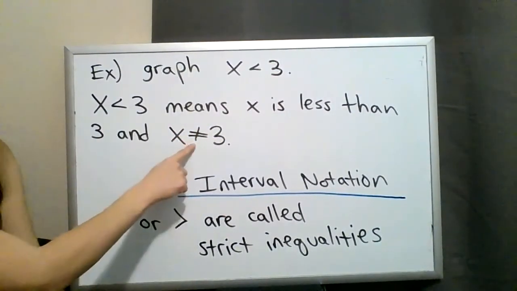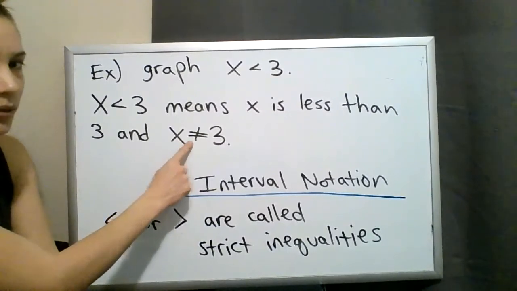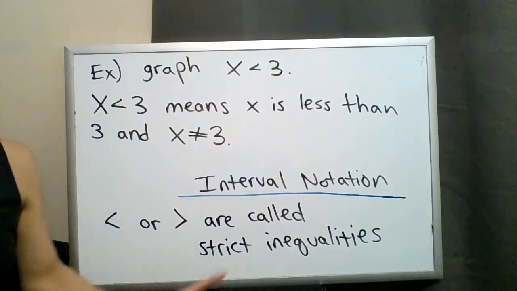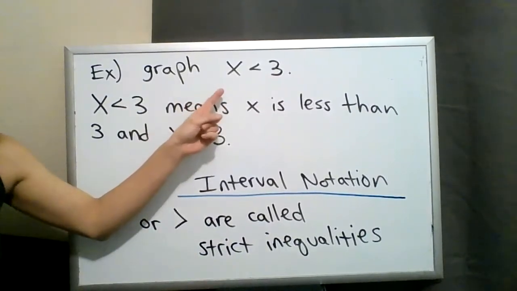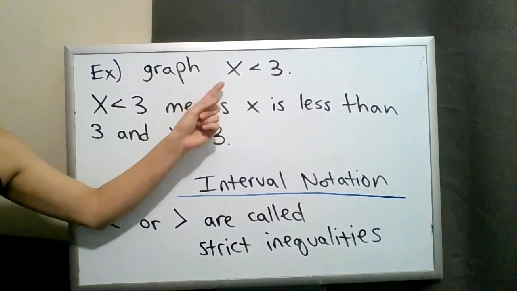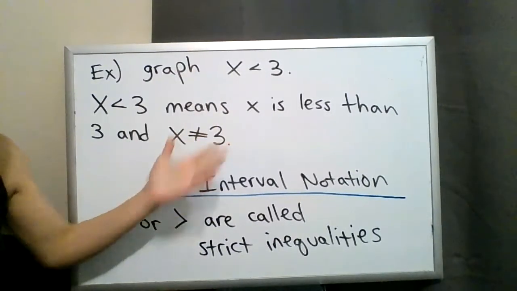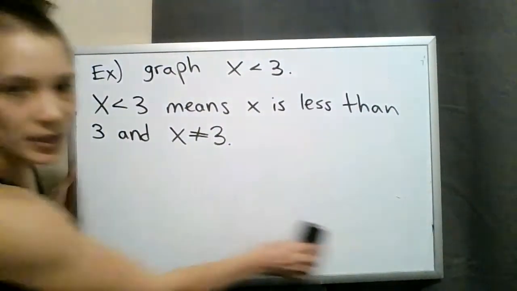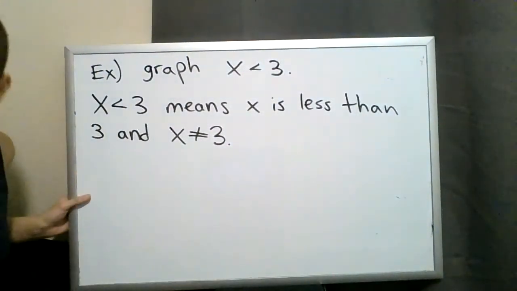So this is an equal sign crossed out, which means X does not equal 3. So you want to find values of X that make that statement true. Something like 2 is less than 3, 0 is less than 3. Any negative number, like -4, is less than 3.